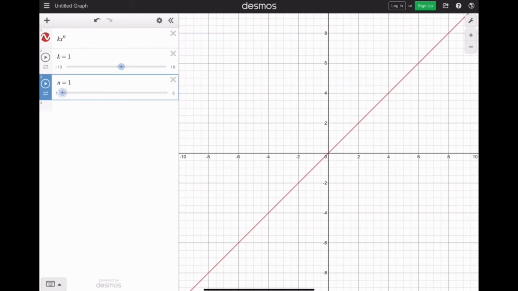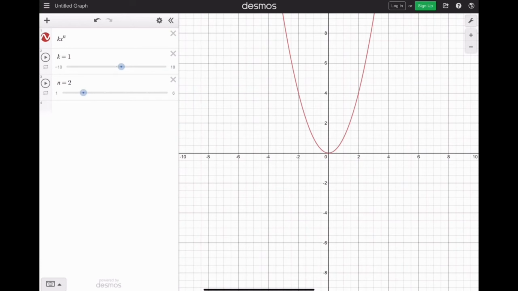So let's see how that will work out. You can slide the slider across. There's our parabola, there's our x cubed, there's our x to the 4th, and so on. Or you can actually hit the little play button and it will move the slider for you back and forth just to see a little animation of what happens there.